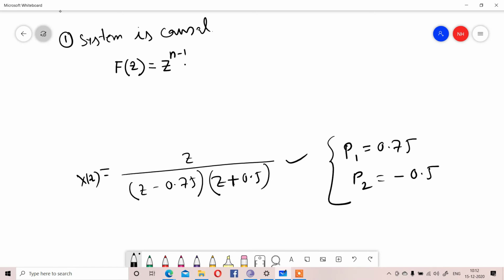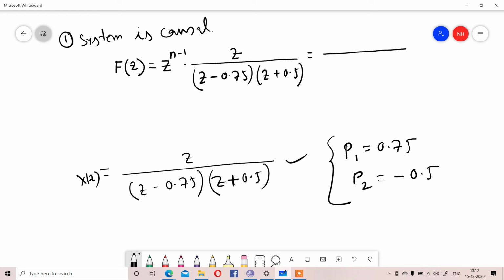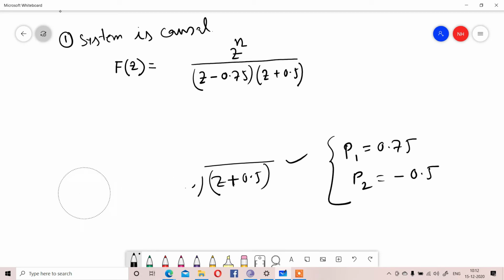So obviously z to the power n minus 1 will be multiplied with z over z minus 0.75 and z plus 0.5. So it will be z to the power n minus 1 multiplied by z, it will be z to the power n, over the two factors. So that is your fz, and the poles are 0.75 and minus 0.5.